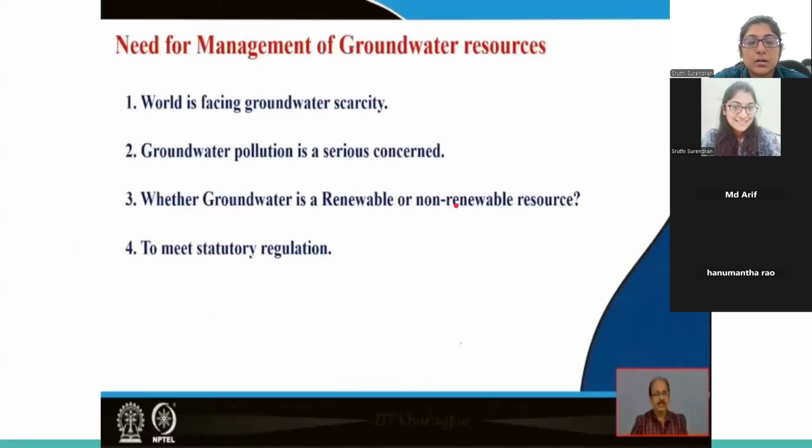So the necessity of managing groundwater resources is majorly because the world is facing a huge scarcity in the groundwater resources.